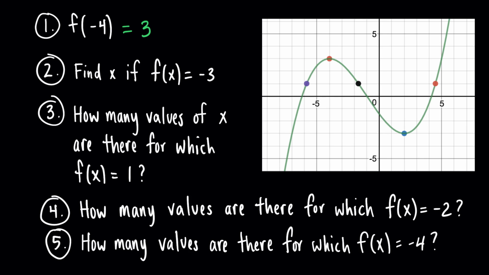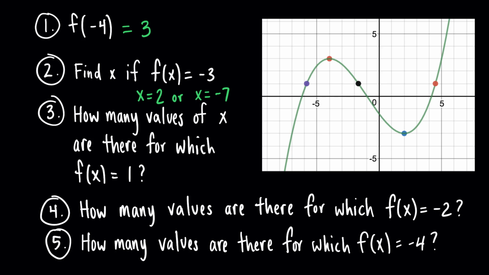So find x if f of x is equal to negative 3. We will say that x equals either positive 2 right here, or x equals negative 7. Even if they don't give you a point, it looks like negative 7 to me.